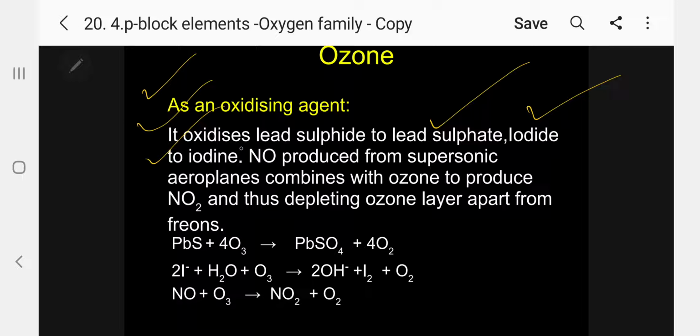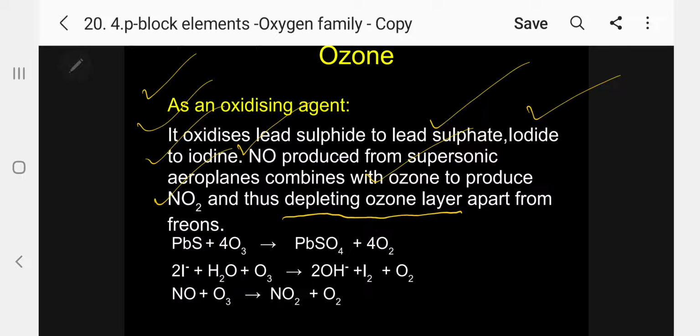Also, nitric oxide produced from supersonic aeroplanes at high levels combines with ozone to produce NO2 and thus depletes the ozone layer. Please follow. So, it is depleting the ozone layer apart from freons. This is the important information I want to give.